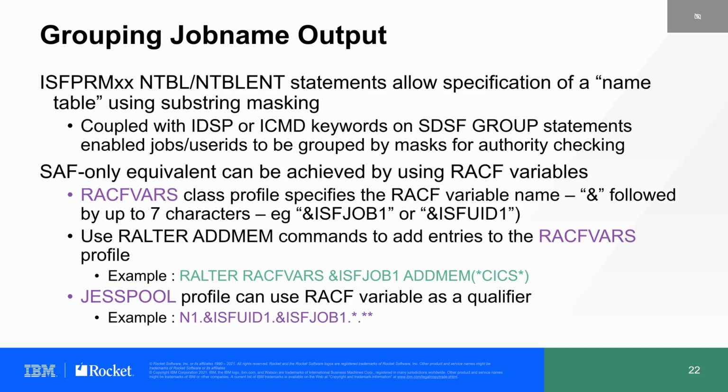So that allows you to have one profile covering multiple jobs, which means that if people move between departments and they want to have access to various groups, departments, all you have to do is just add their member to their UID table, or put them into a group that already has access to these RACFVARS variable profiles. So it doesn't mean you have to keep adding JESSPOOL profiles every time someone moves groups.